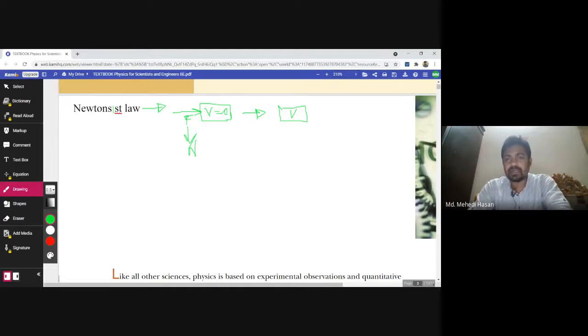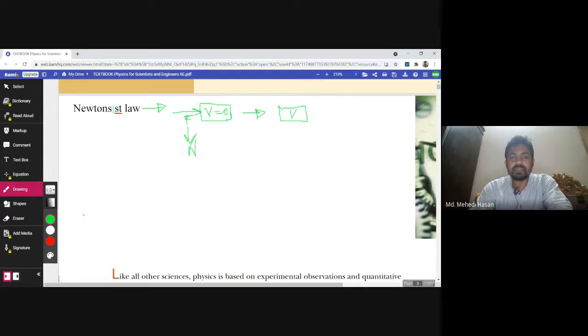That means if you consider sitting on a bus that is moving rightward, and if the driver applies the brake, then the upper body will try to move forward, but the lower side is in contact with the bus, so the lower part will remain stationary. So this is an example of Newton's first law.